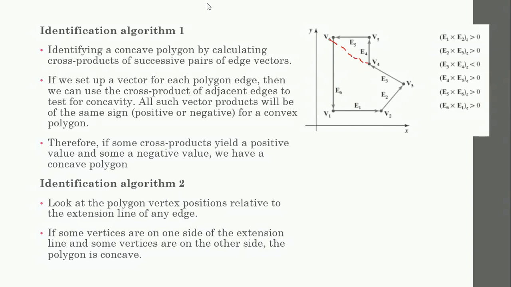If you extend this line and it splits the polygon into two parts, then we conclude it is a concave polygon. If you extend the line and it does not split the polygon, then we say it is a convex polygon. In this case you have split it into two regions, so that's why it is a concave polygon.